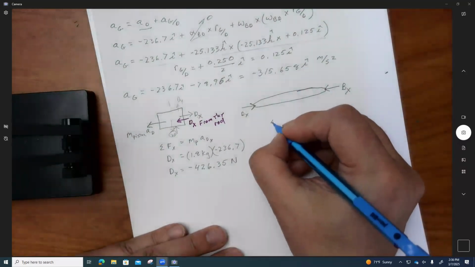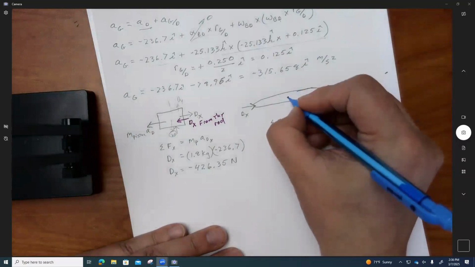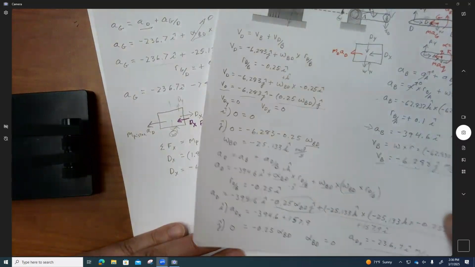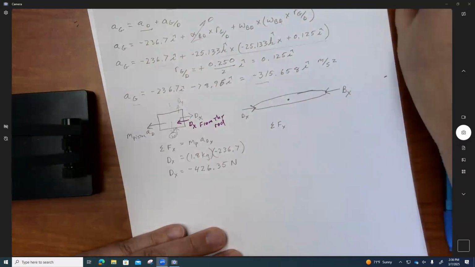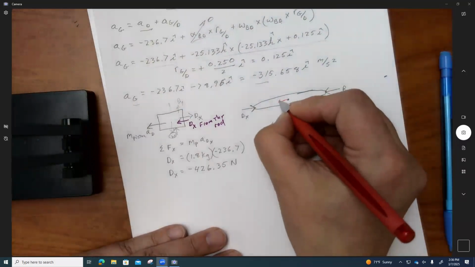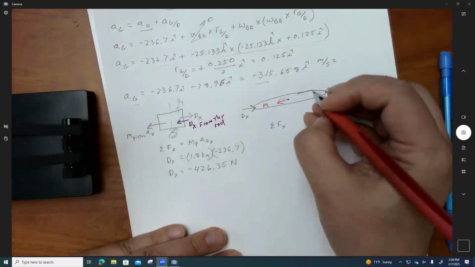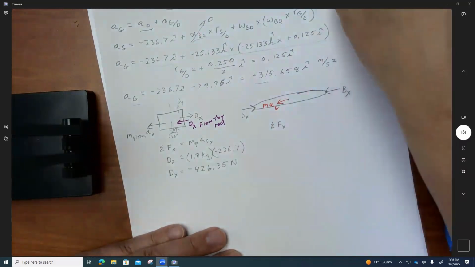So if we sum the forces in the x direction for the rod, and we have an acceleration for G, which we would have found right up here, and that was in the negative i direction. So we had the mass of the rod multiplied by AG for the rod.